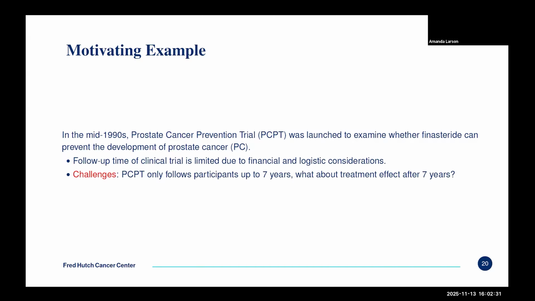The result was very controversial. The trial showed that finasteride could reduce prostate cancer incidence but increase high-grade cancer incidence. So the drug was not approved for the purpose of preventing prostate cancer.